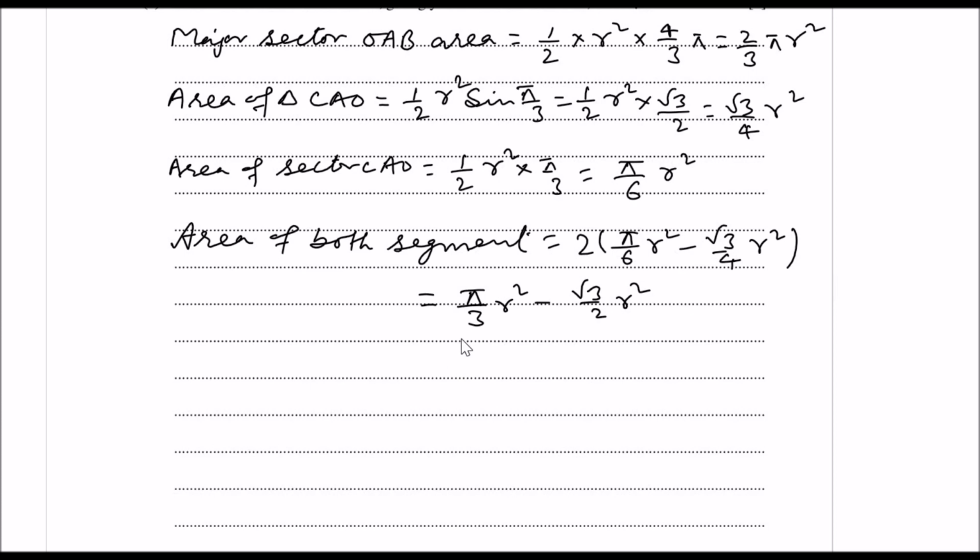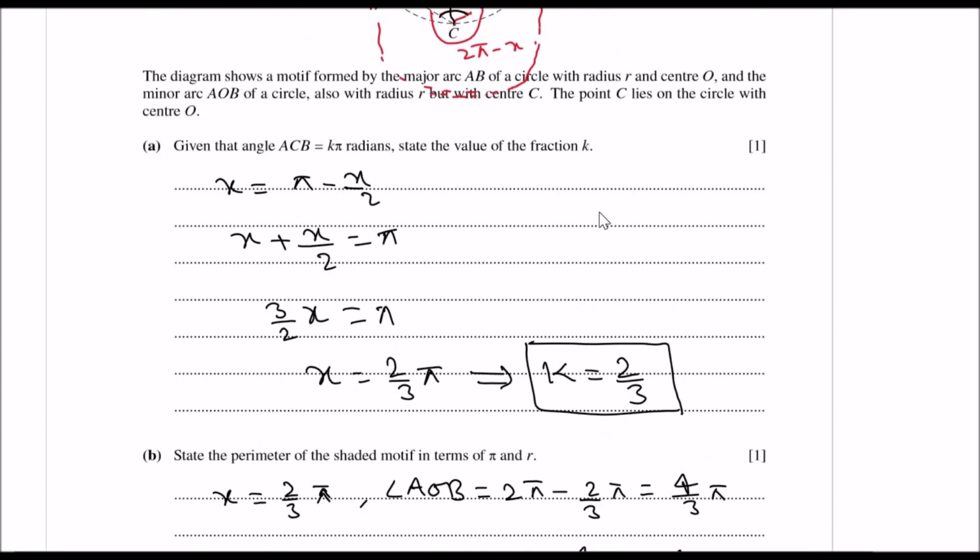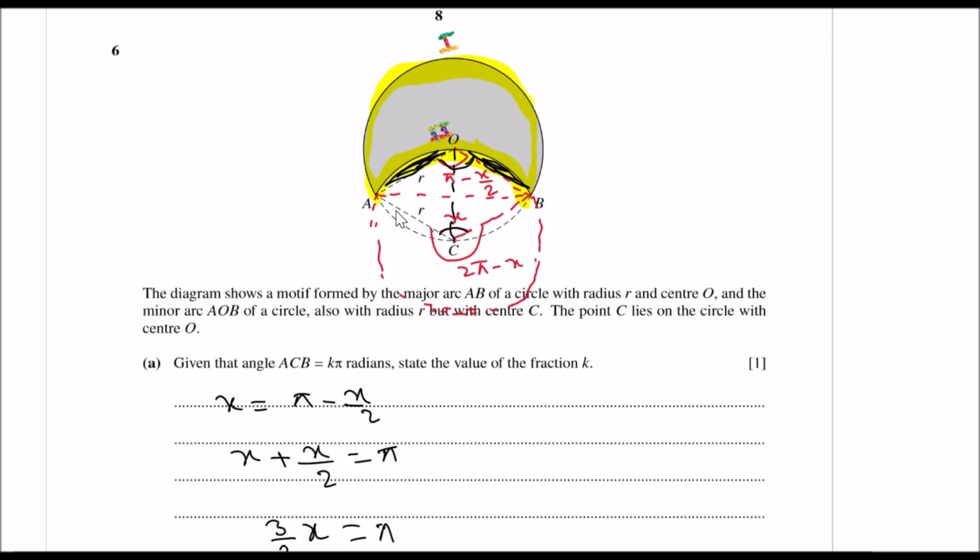And now we got the area of segment, but we have to find the area of the shaded region. So area of shaded region is equal to, we know the area of the sector OAB, the major sector.